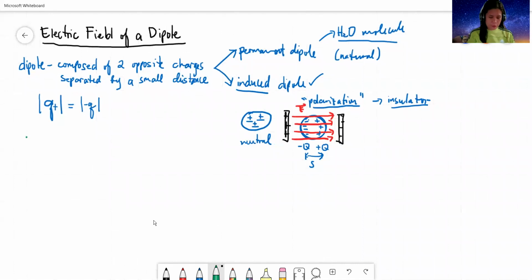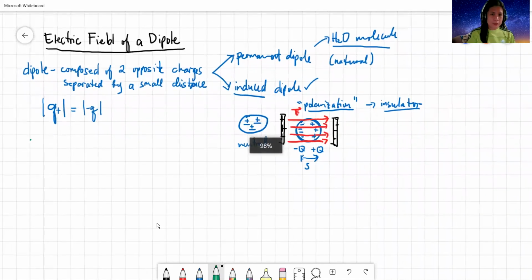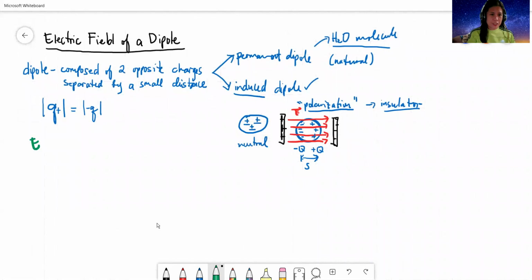Oops, I lost control of my pen. Oops. Ayan. The electric field of a dipole on a point along its axis. Ayan. So this is a simplified case, no? A very special case.